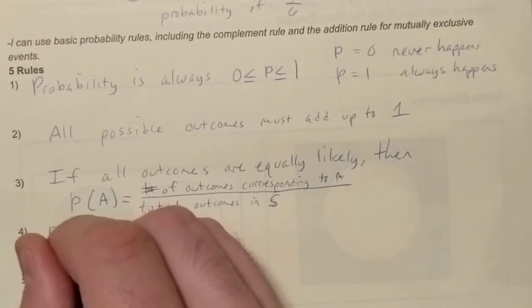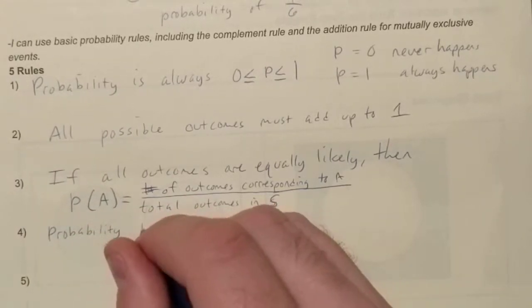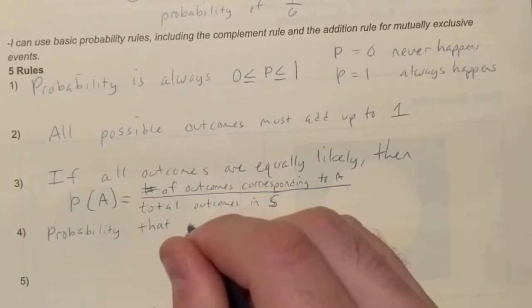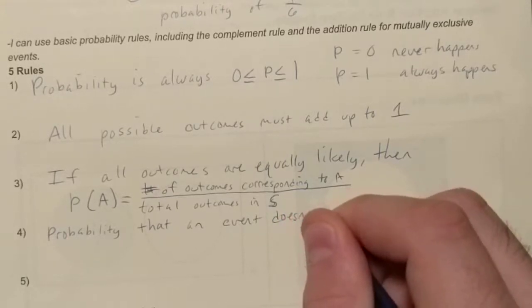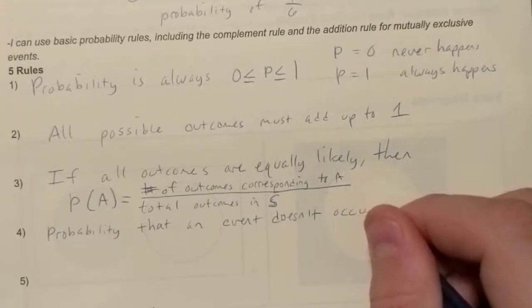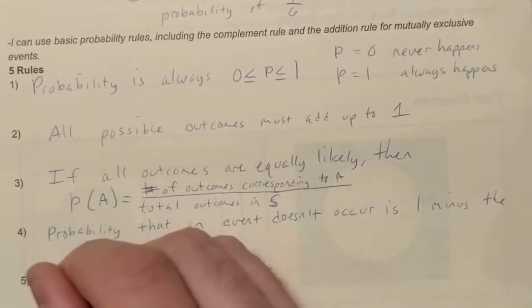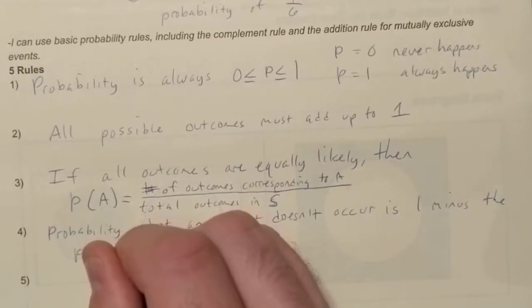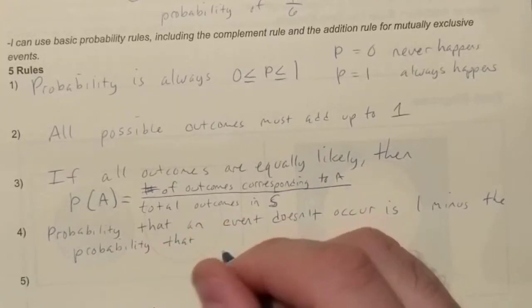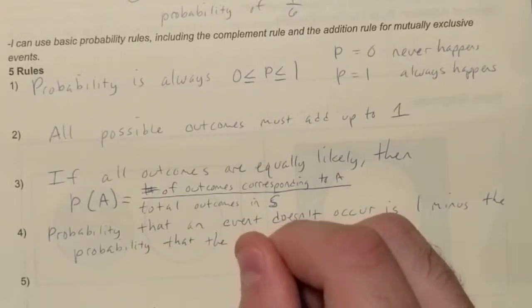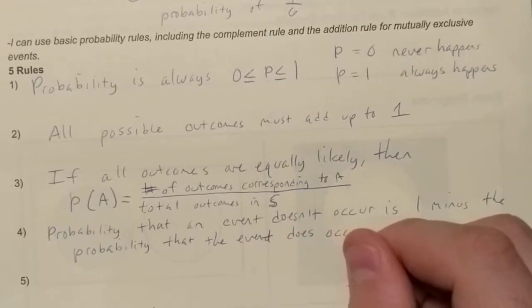For probability that an event doesn't occur, it is going to be 1 minus the probability that the event does occur. This is called the complement.